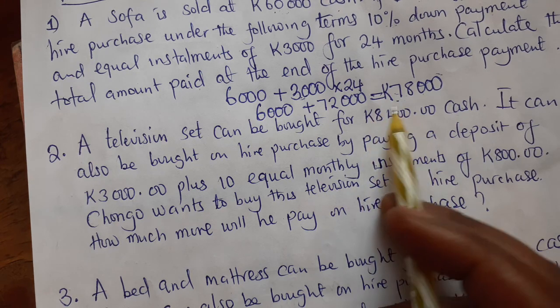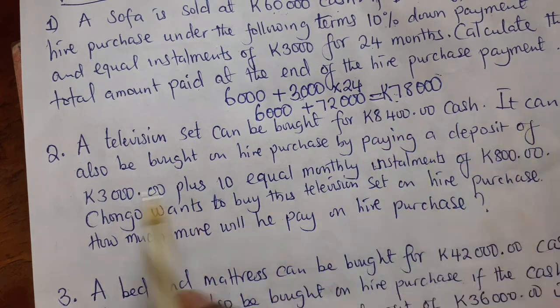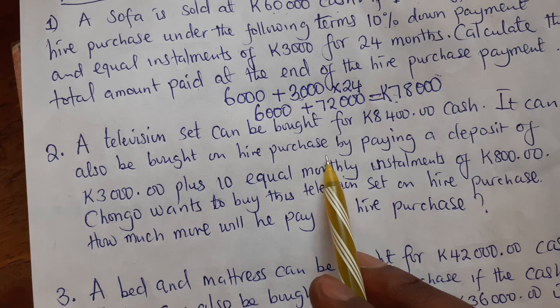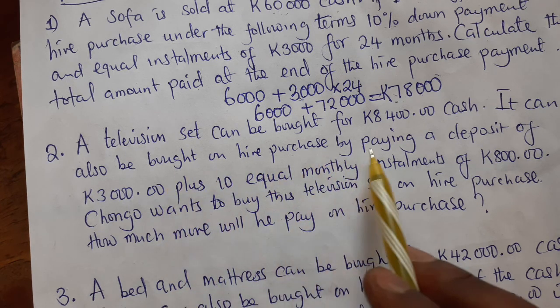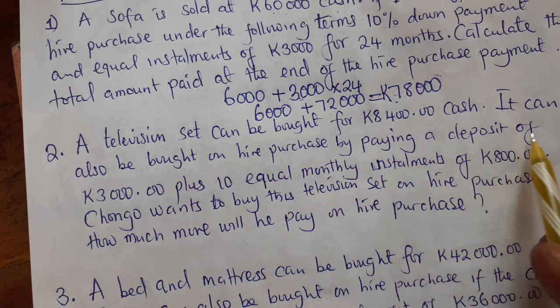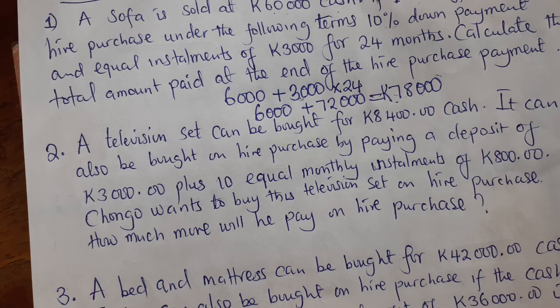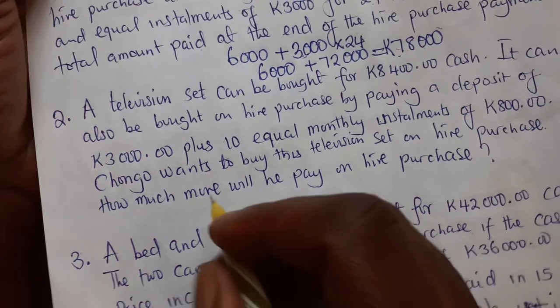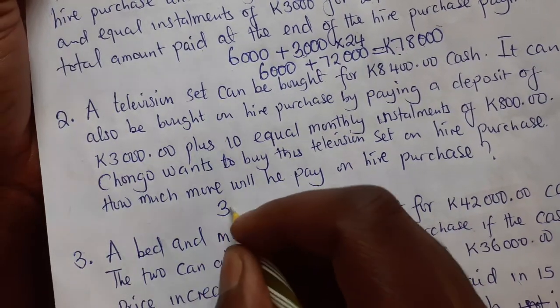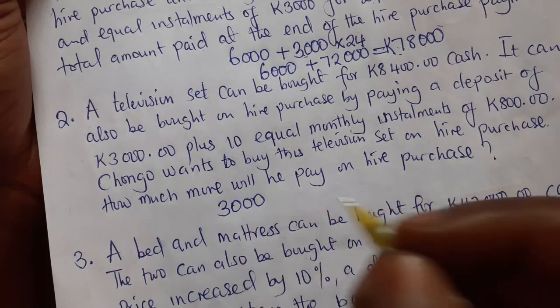This is the cash price. It can also be bought on hire purchase by paying a deposit of 3,000.